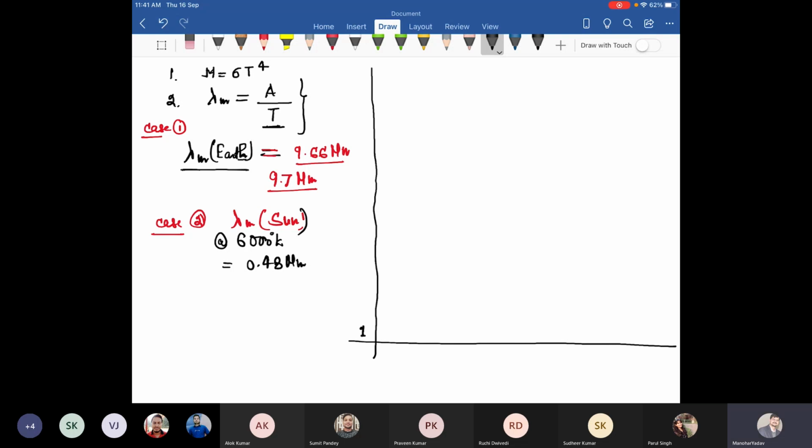I'm plotting the spectral distribution of energy radiated from a black body at various temperatures with respect to the wavelength. Okay, so this axis is on logarithmic scale, the dependent axis.